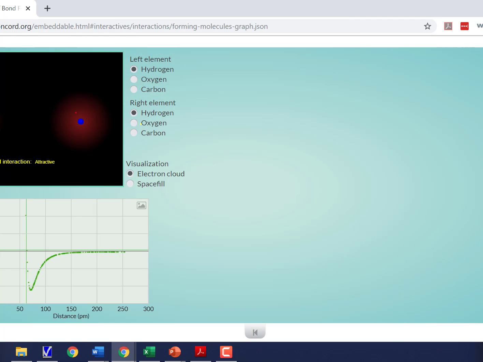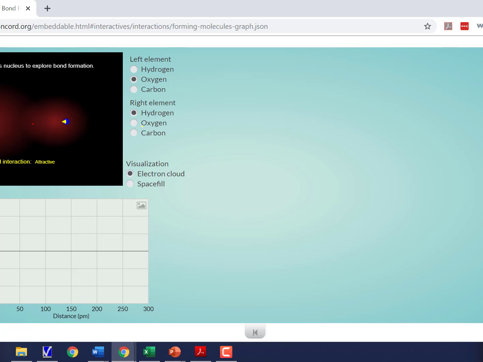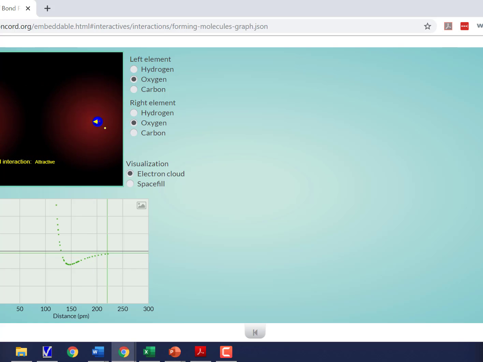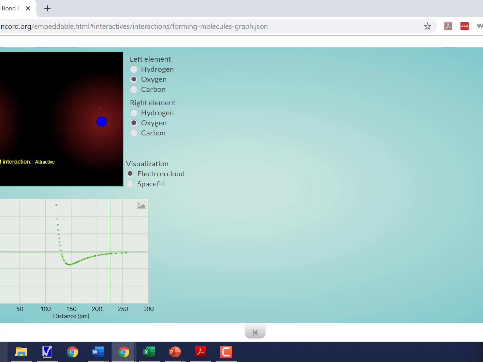Okay? Now, if I try an oxygen and an oxygen, I have to refresh it first. So it's oxygen and oxygen. They get bigger nuclei. As I push them together, it's the same effect, but it happens a lot further apart because oxygens are bigger.